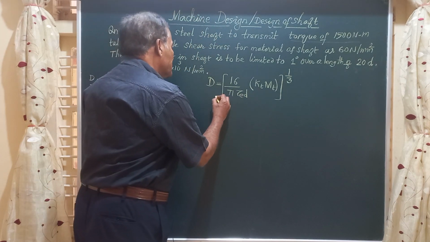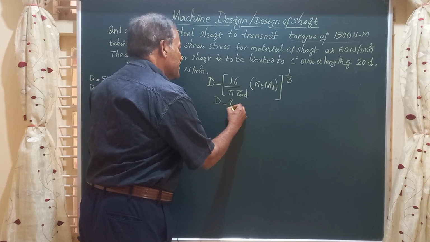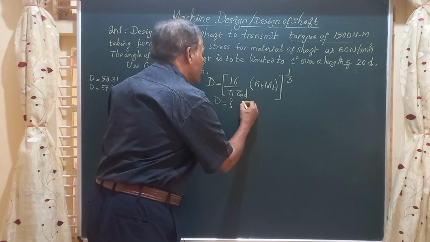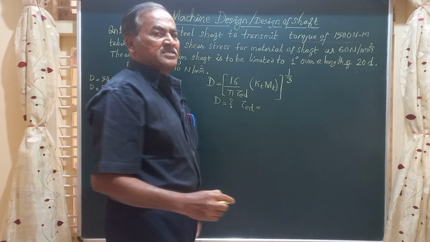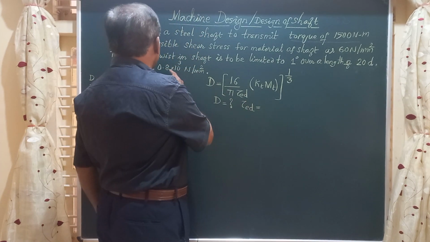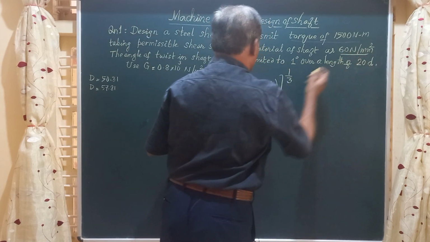Friends, here D is equal to the diameter of the shaft required as asked in the question, and then we have this term tau_vd. Tau_vd stands for the permissible shear stress, and this shear stress is given in the question as 60 Newton per mm square.